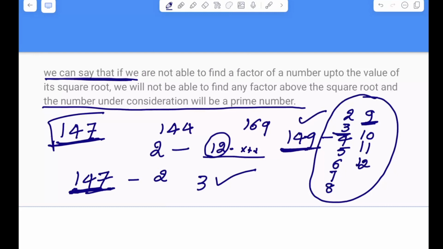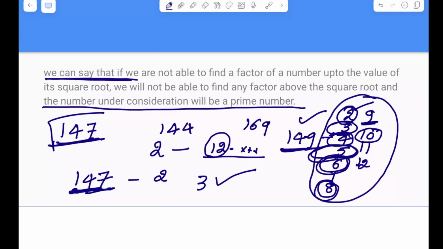Let us reduce this further. If a number is divisible by 8, what does it mean? It will be divisible by 2 and by 4, isn't it? If a number is divisible by 6, it will be divisible by 2 and by 3, correct? If a number is divisible by 10, automatically it will be divisible by 5.